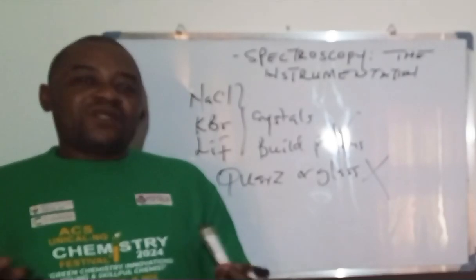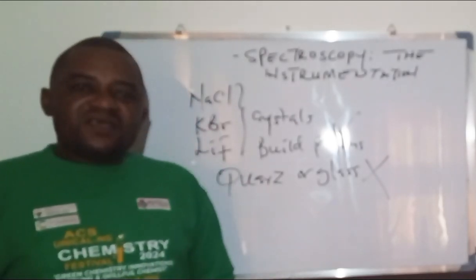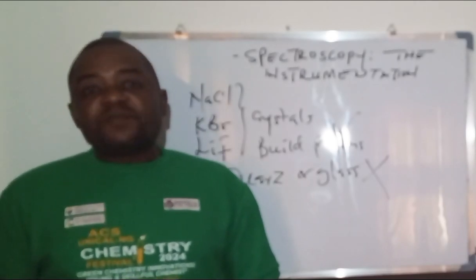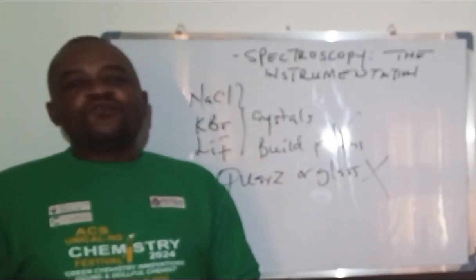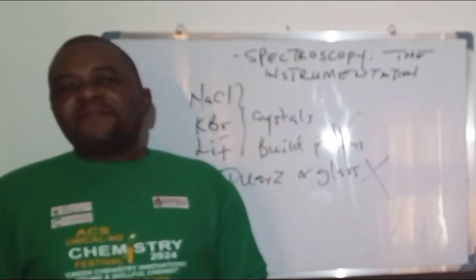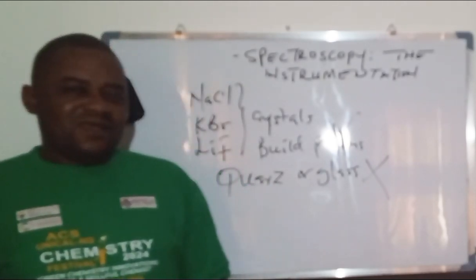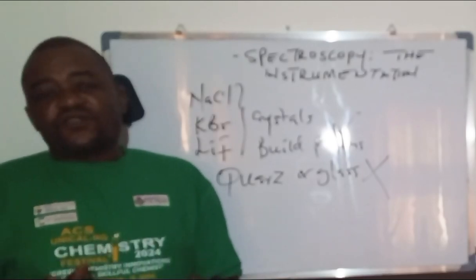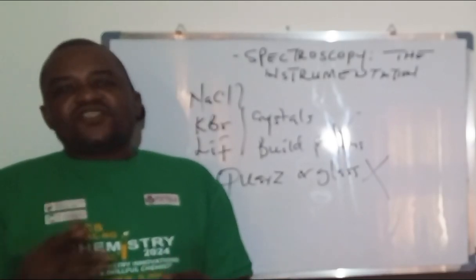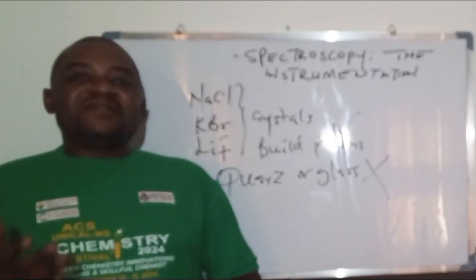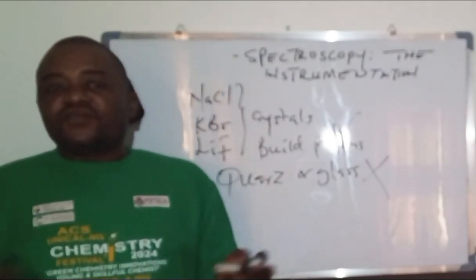But usually, what is advisable and what is used in most organic chemistry textbooks is the transmittance spectrum. This is because IR spectroscopy does not produce spectra that are maxima, unlike UV-visible spectroscopy. So it is always easier to detect whatever information you want out of the transmitted radiation.